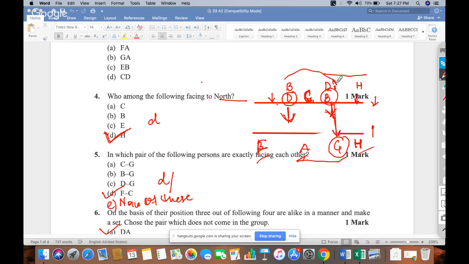You have to take two cases, so you always have to take two cases. If none of these options is there, then you can assume that D is here and B is here. So B and G would be opposite.